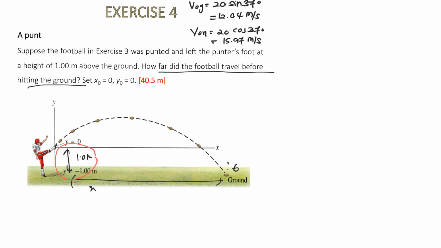I'm going to use the shortest working steps, using only one formula to find time, which is y minus y naught equals v naught y t plus half a t squared.